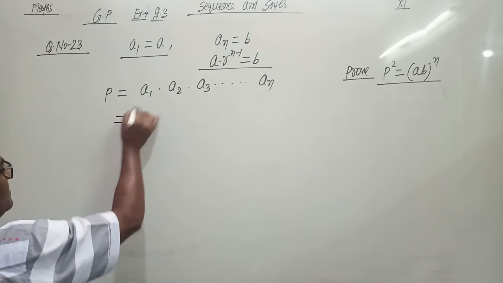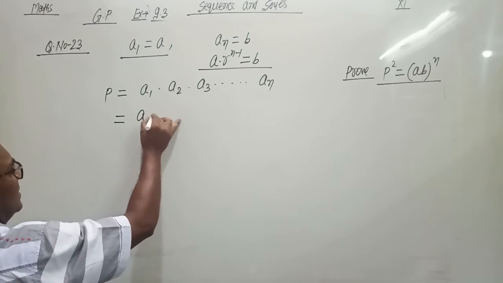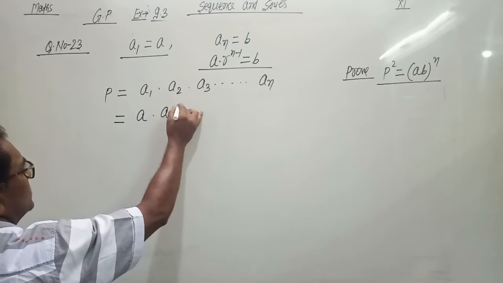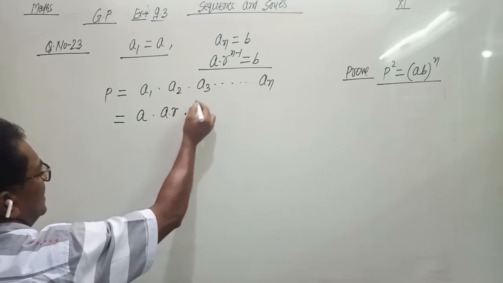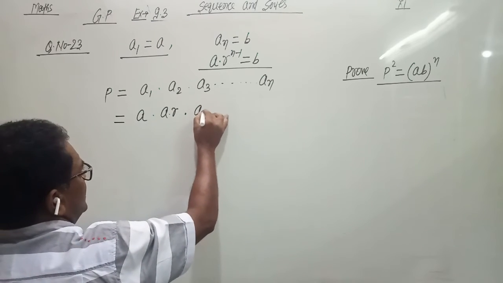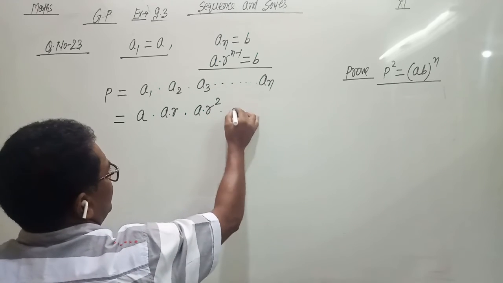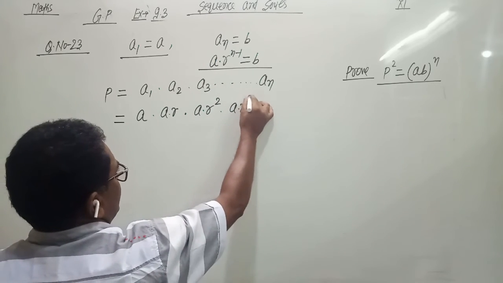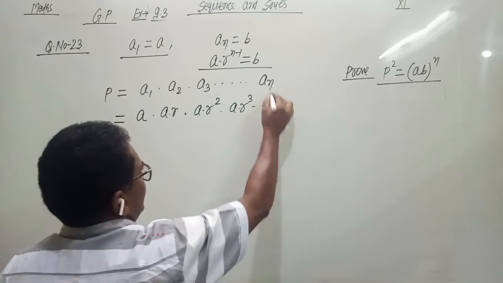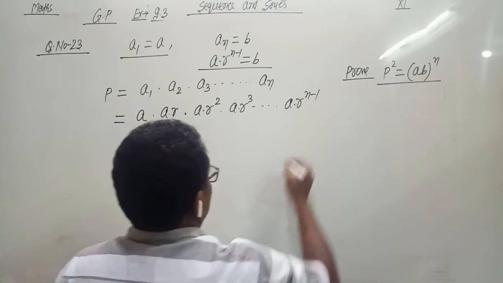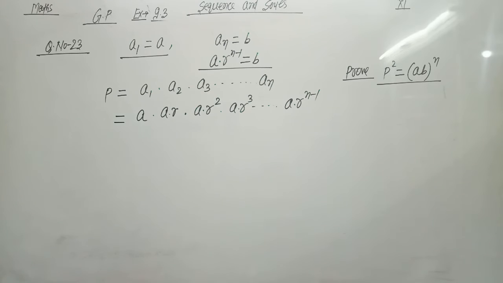So a1 means a, a2 means a into r raised to the power 2 minus 1, which is ar, a3 means a into r raised to the power 2, a4 means a into r raised to the power 3, and so on. An means a into r raised to the power n minus 1.